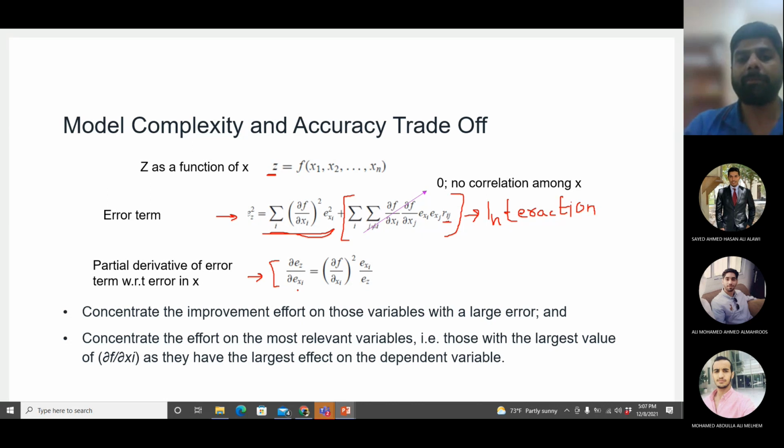Concentrate on improving the measurement of those variables which induce a large error. So the variables which have a large value here. You calculate this term for each variable, and for whichever variable you have the largest term, or a larger term compared to other variables, focus on them.